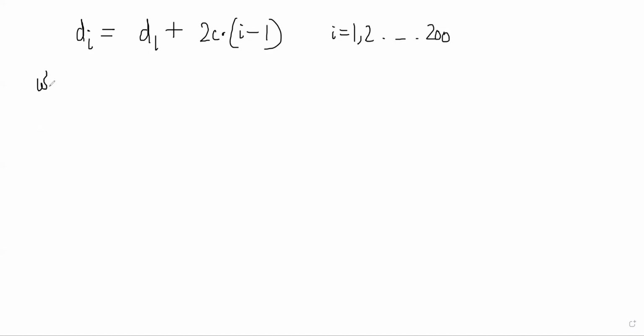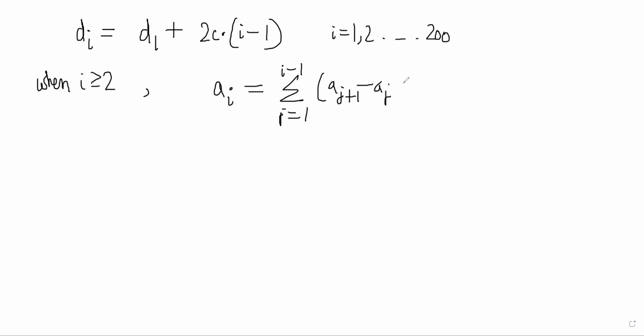Now, when i is greater than or equal to 2, we can say each term ai can also be constructed like this. It is the sum of j going from 1 to i minus 1 of (a(j+1) minus aj), plus a1. Think about it. What is this sum?